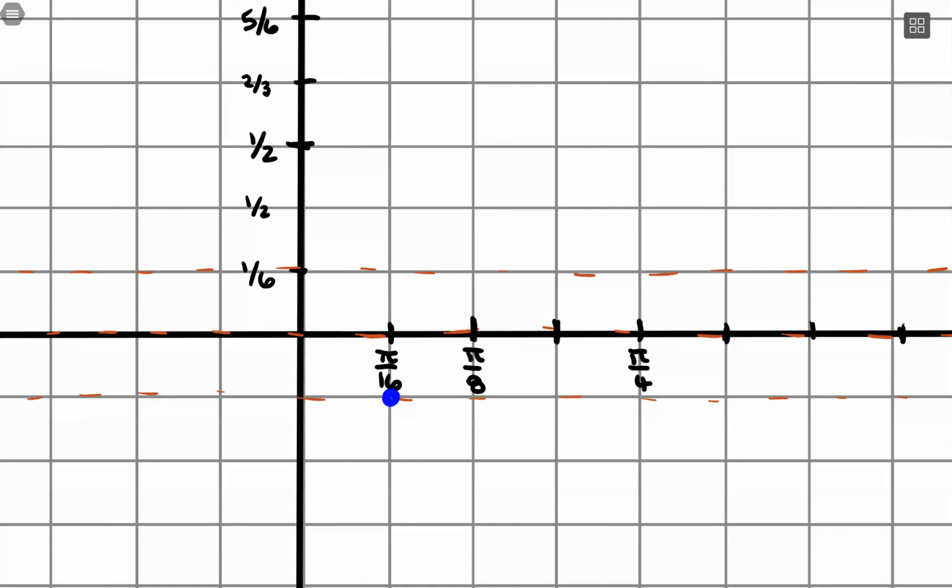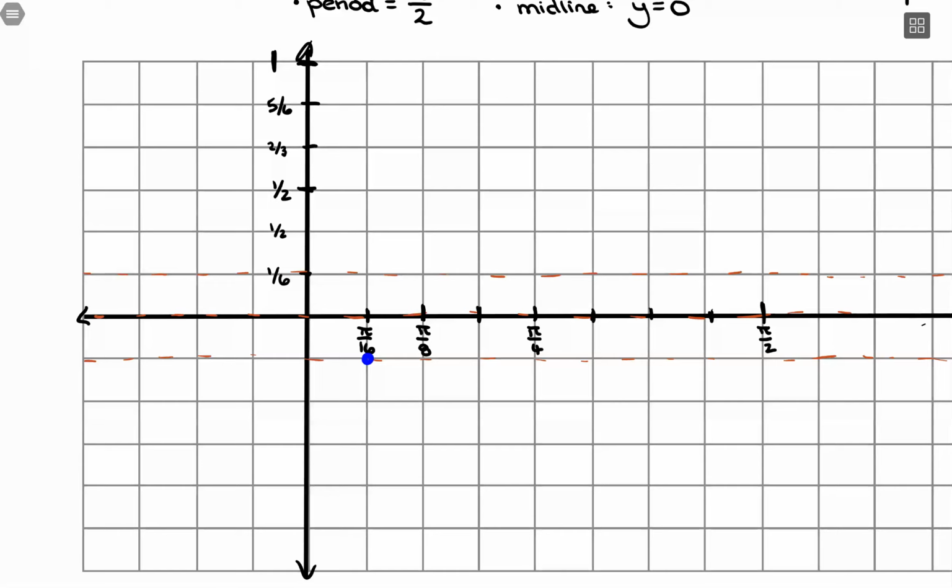Now the period is pi over 2, and notice that the distance of pi over 2 is this distance here, or you could think of it as 8 squares. Since we moved over by one of those squares, that means in terms of returning to that minimum point, it wouldn't be at pi over 2, it's shifted over so that it's 1 square to the right of pi over 2.